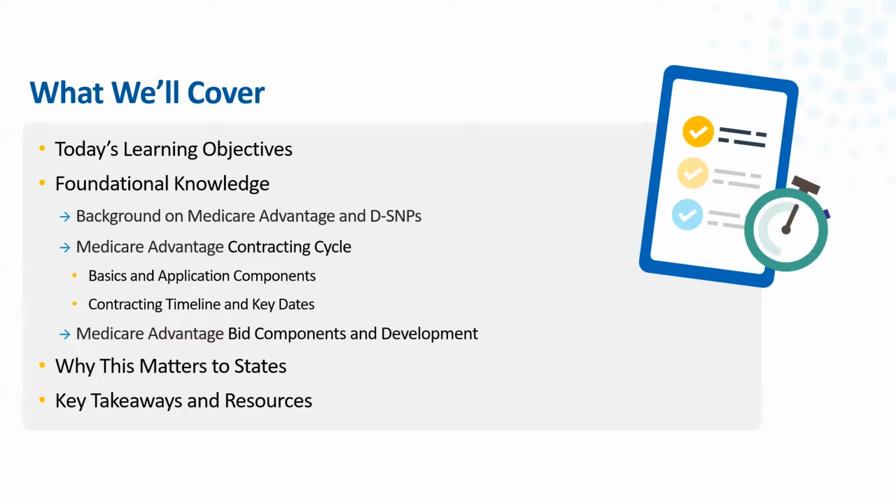The Why This Matters portion of the training will highlight how Medicare Advantage application, contracting, and bid development processes can both impact and present opportunities for states developing or refining integrated programs. We will conclude by sharing some key takeaways and highlighting where to find additional resources.